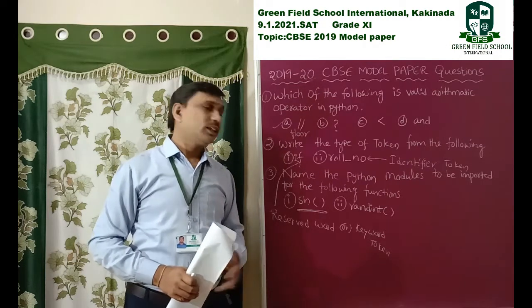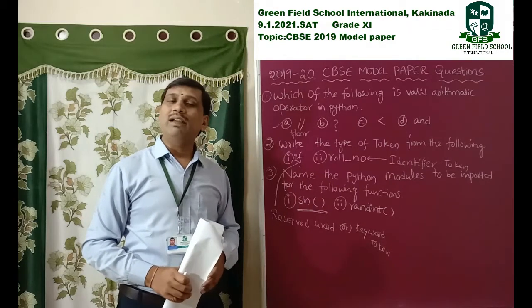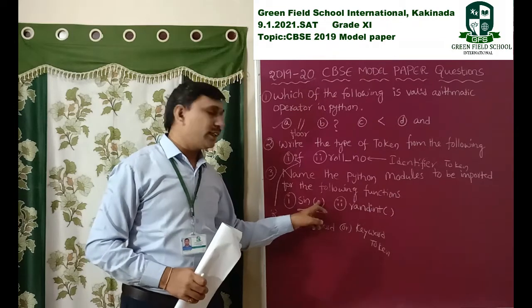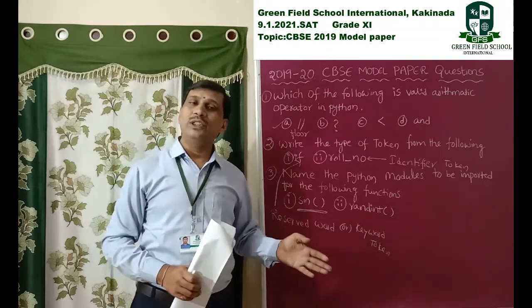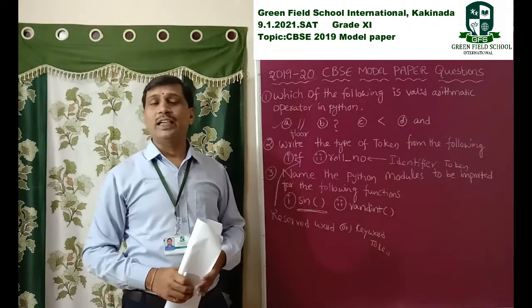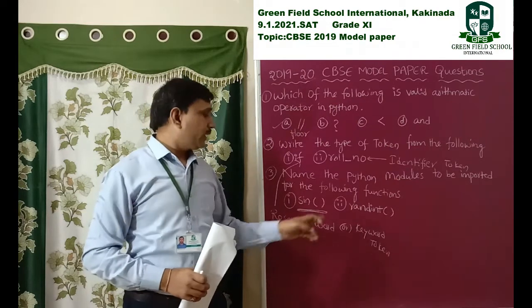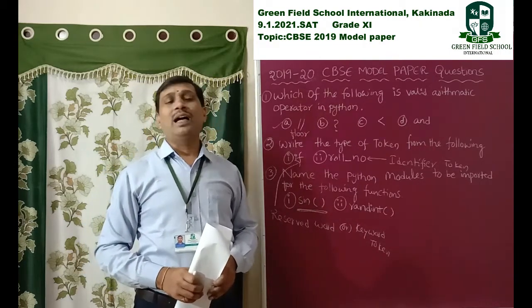So we give some value here. Suppose 90, sin 90 value is 1. We calculate theta here, 90 degrees for example. Sin 90 is 1, sin 0 is 0. So here we calculate angle degree values. That's why it is a mathematical operation.